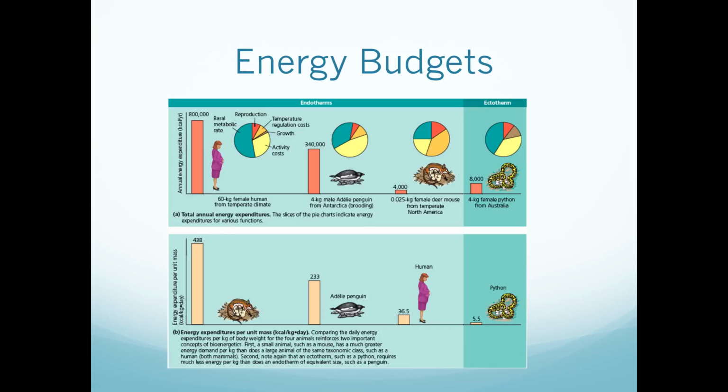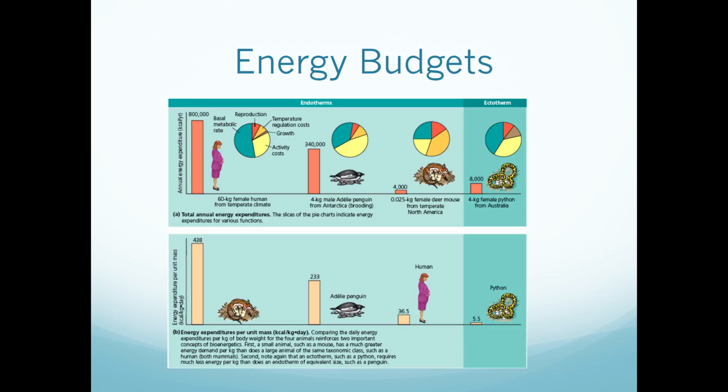For a mom, a 60 kilogram human from a temperate climate, the pie chart shows a lot of energy going to her resting basal metabolic rate. Then, of course, the next biggest thing is activity. But there are a lot of other costs in there because she's an endotherm: energy towards reproduction, so if this woman is pregnant, a lot of her energy is devoted to her baby.